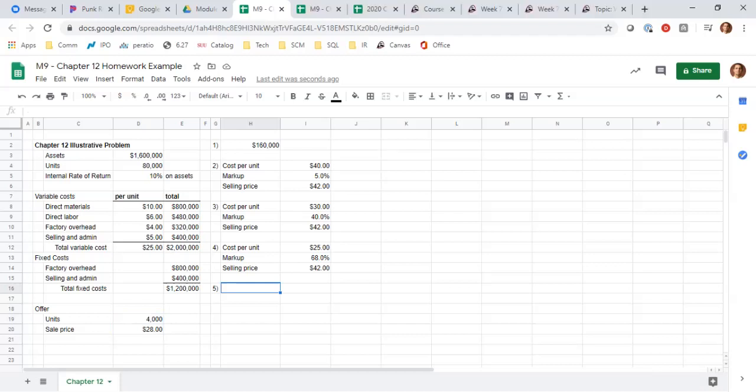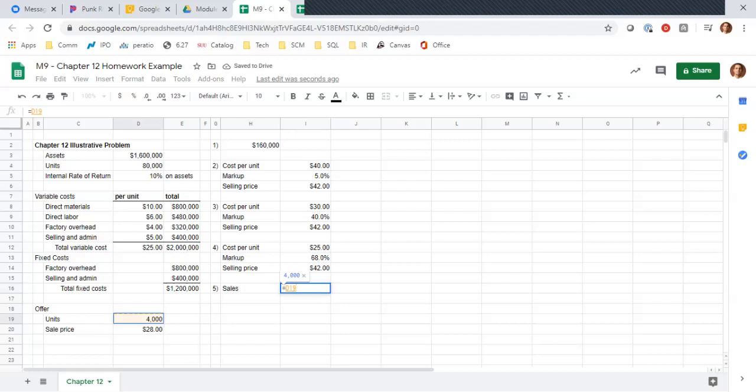Okay, so if we accept their offer, we're going to be selling them 4,000 units at $28 per unit. So if we accept, we'll make 112,000 in revenue, but we're a manufacturing company. We have some costs associated with that. So our variable costs associated with that are going to be $25, which we already have, multiplied.